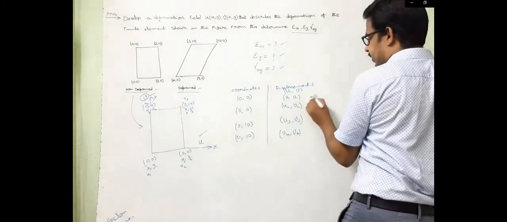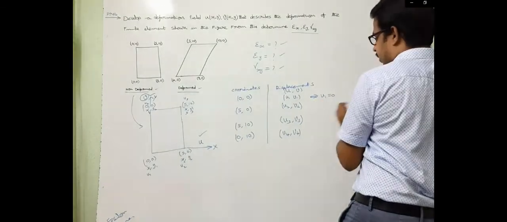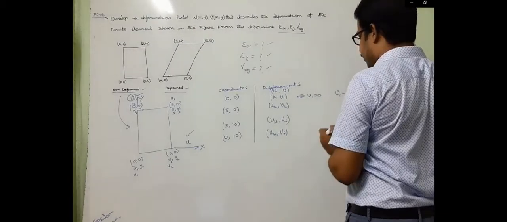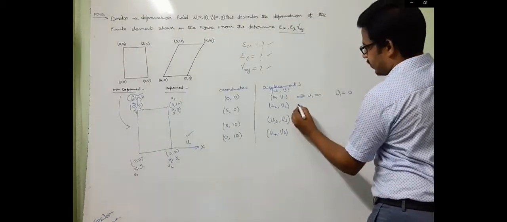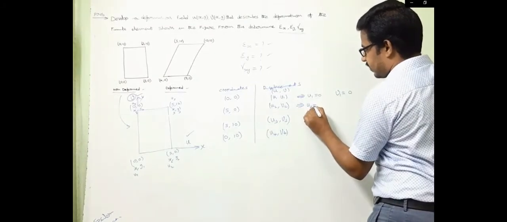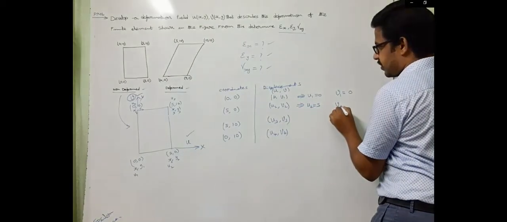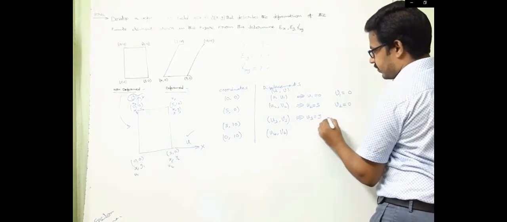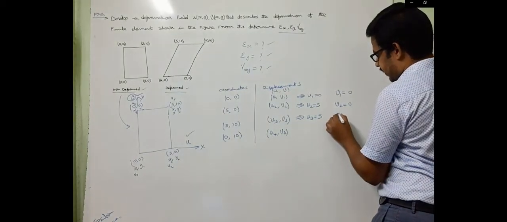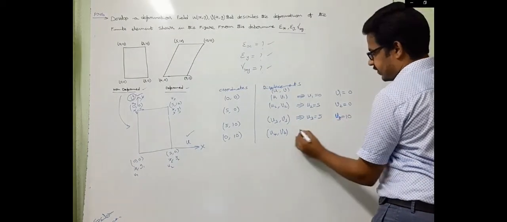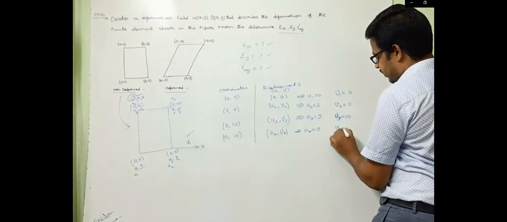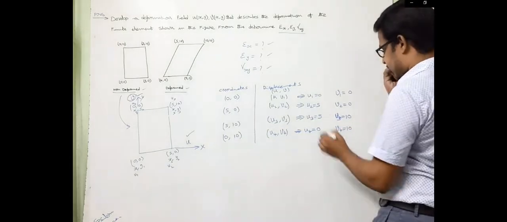Similarly, u1 equals 0, v1 equals 0. Then u2 is equal to 5, v2 is equal to 0. u3 is equal to 5, v3 is equal to 10, u4 is equal to 0, v4 is equal to 10. These are the displacement values. Now we need to calculate.